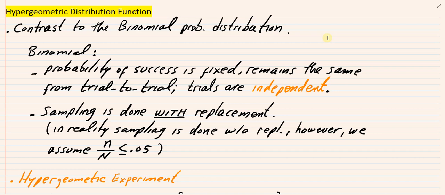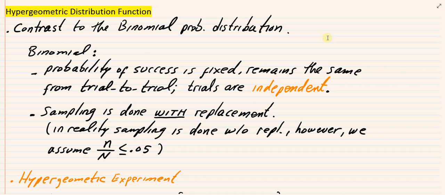For example, if I'm choosing 5 registered voters from a population, I'm just going to select them by some means of random selection. But I'm not going to put them back in the pool of registered voters and give that person another opportunity to be selected.